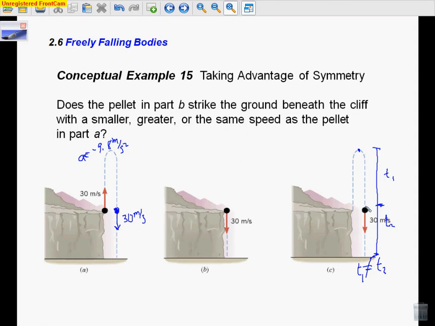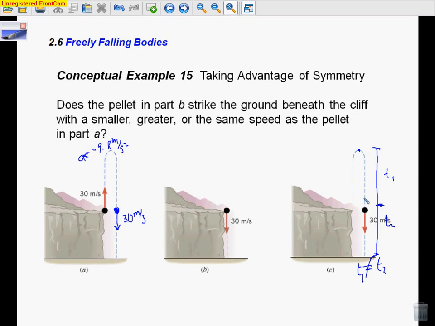By the time it gets to this point, halfway down, it's going really fast. And so it travels the second half of the distance much faster than it traveled the first half of its fall. So it's going to take more time to travel this half of the distance than it does for this half of the distance. So these two times are not the same, but if you're looking at the total time up and the total time back down to the same height, those two times will be the same.